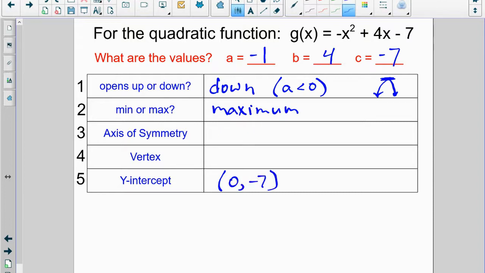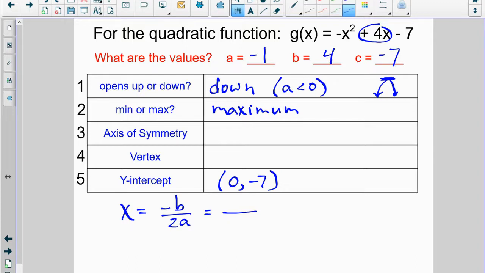And the hard part, that axis of symmetry equation. It's not just a single number up there, it's a combination of a couple of numbers with this formula. So the opposite of b divided by 2 times a. So let's look at it. The opposite of b. Well, b was this number in that middle term, so +4.